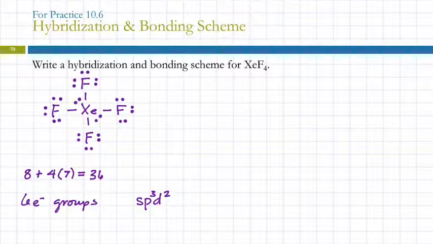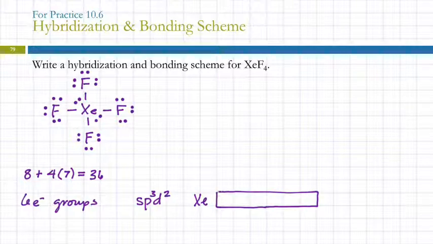So if we are to draw this, a bonding scheme, and identify what these different things are, well, I guess we should look at the orbital diagram first. So we're going to end up for the xenon, and this is something we're going to need to do in the worksheet for today.